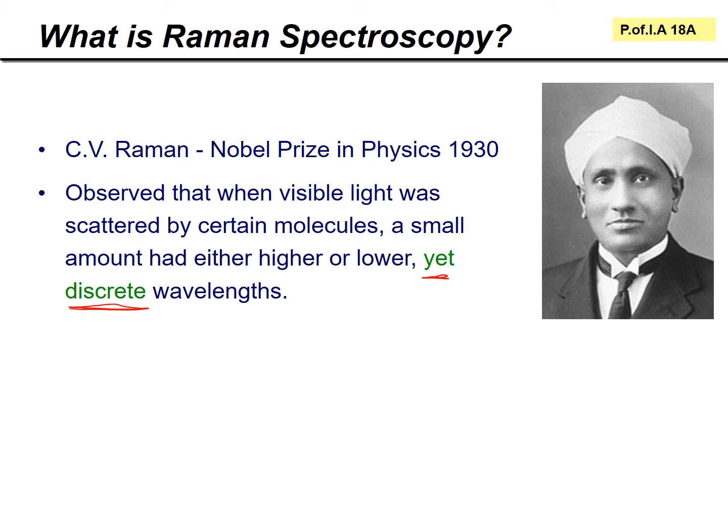So he realized that the process was quantized, and early 20th century, of course, is the period in science when the quantum nature of matter and energy was being discovered and investigated extensively. And so he realized that this was a very important process and a very direct way to demonstrate the quantum nature of matter.